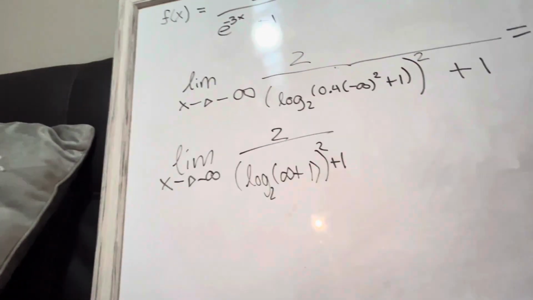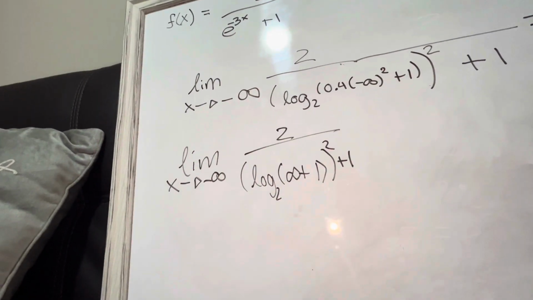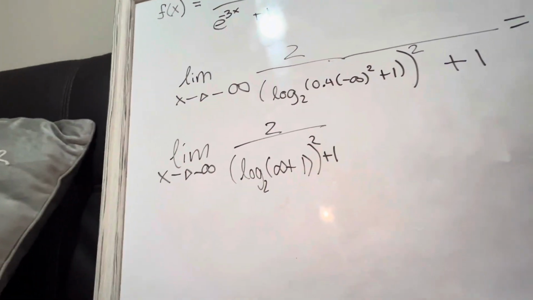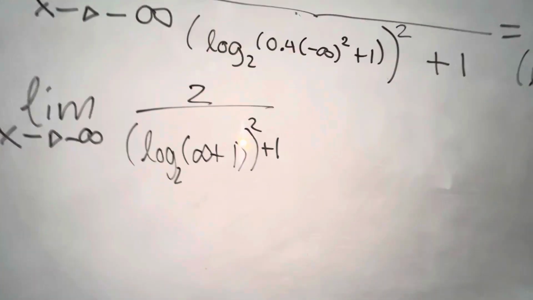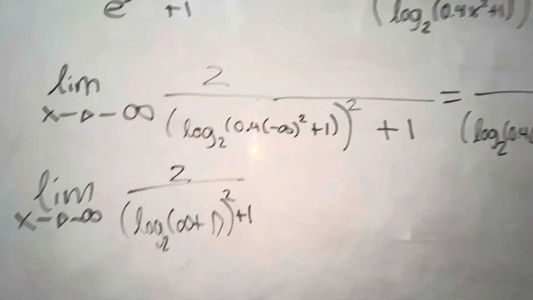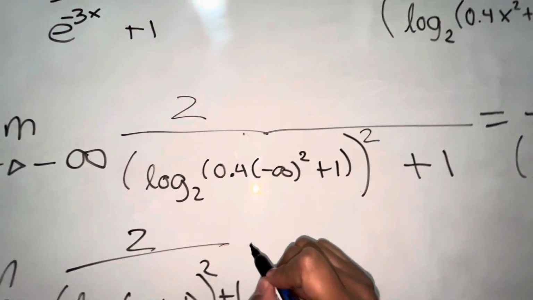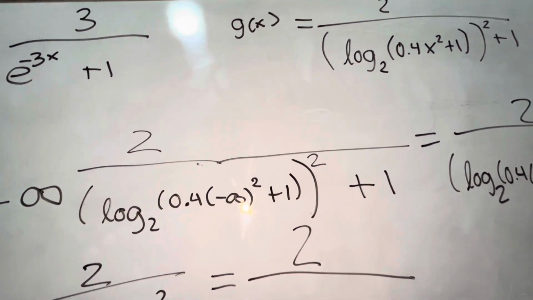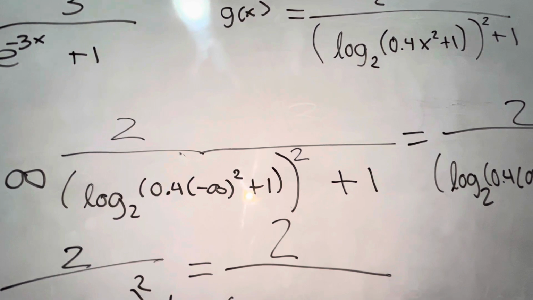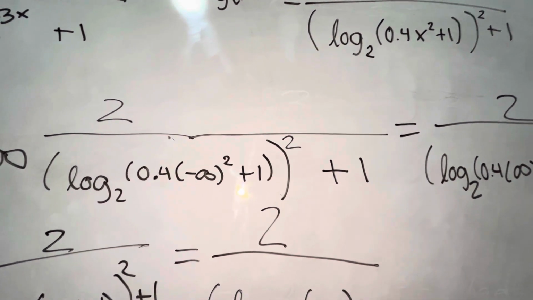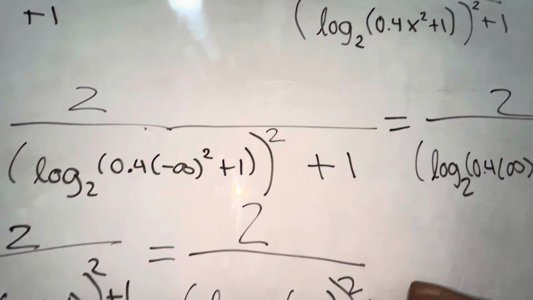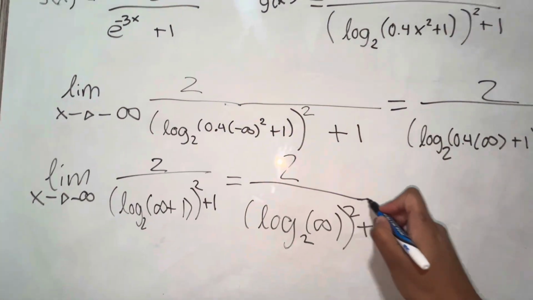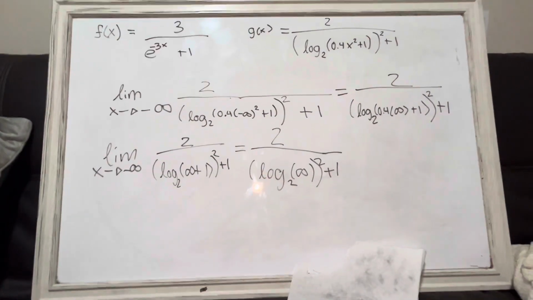So now you have 2 all over log base 2 of infinity plus 1, all of that squared plus 1. Now, infinity plus 1 is infinity. So you're going to do it again. You're going to do 2 over log base 2 of infinity, all of that squared plus 1. There.